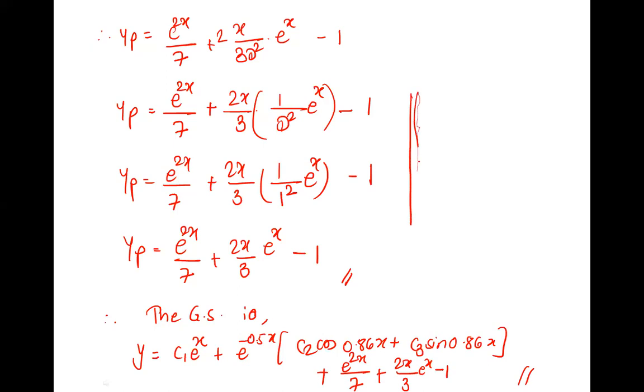Okay, can everyone come here, please? Up to this step, I'm only considering this 1 upon d square e raised to x. What we did is the application of case 1. But we know d is nothing but, what is d? Derivative. And 1 by d is what? Integration.